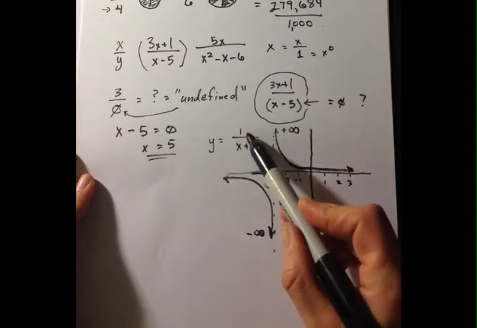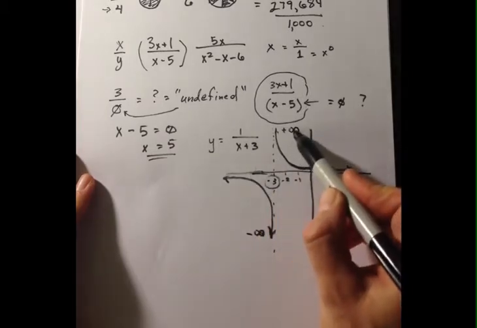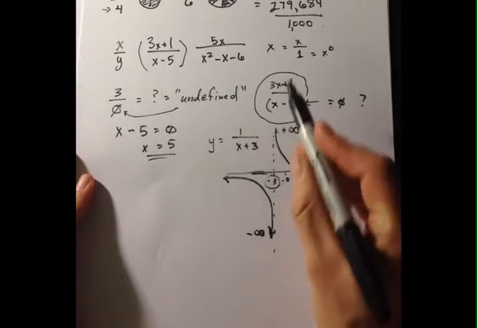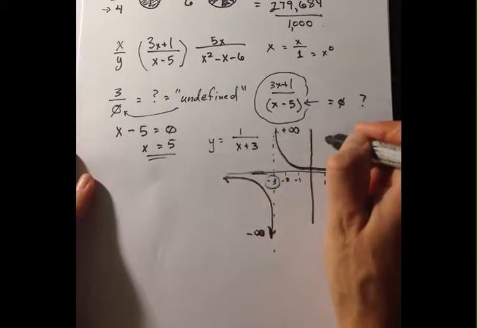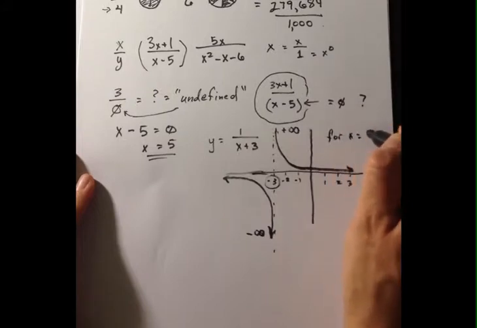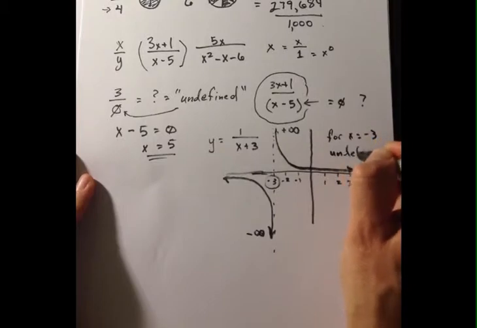So it's not good enough just to say that 1 over 0 equals infinity. It could either be positive infinity or negative infinity, but it's nothing in between. So that's why we call it undefined for x equals -3.